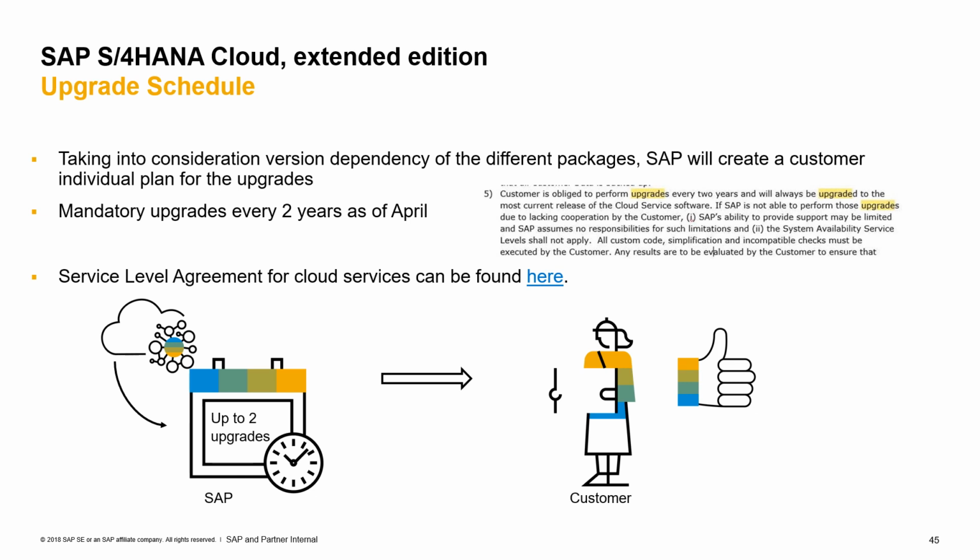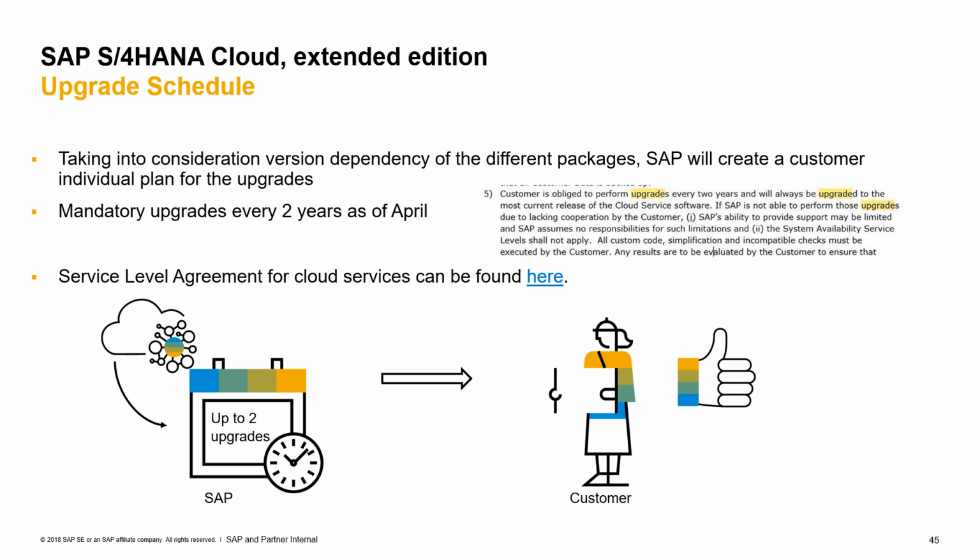There is a mandatory upgrade, however, every 2 years. So once every 2 years, a customer must upgrade, and that's as of April of that year. The details and the fine print can be shown with the little item 5 in the fine print. So please take some time to review the details therein.